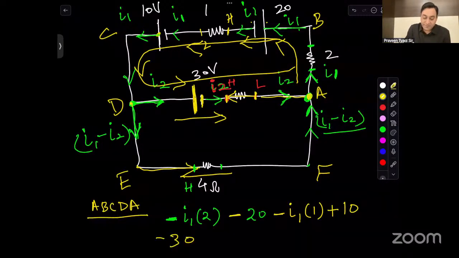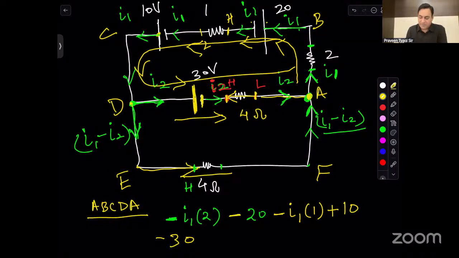How many ohms was this resistance? Did I give you this? Okay. Suppose this is, say, 4 ohms. I think I had given the value. I think it was 3 ohm, or whatever.